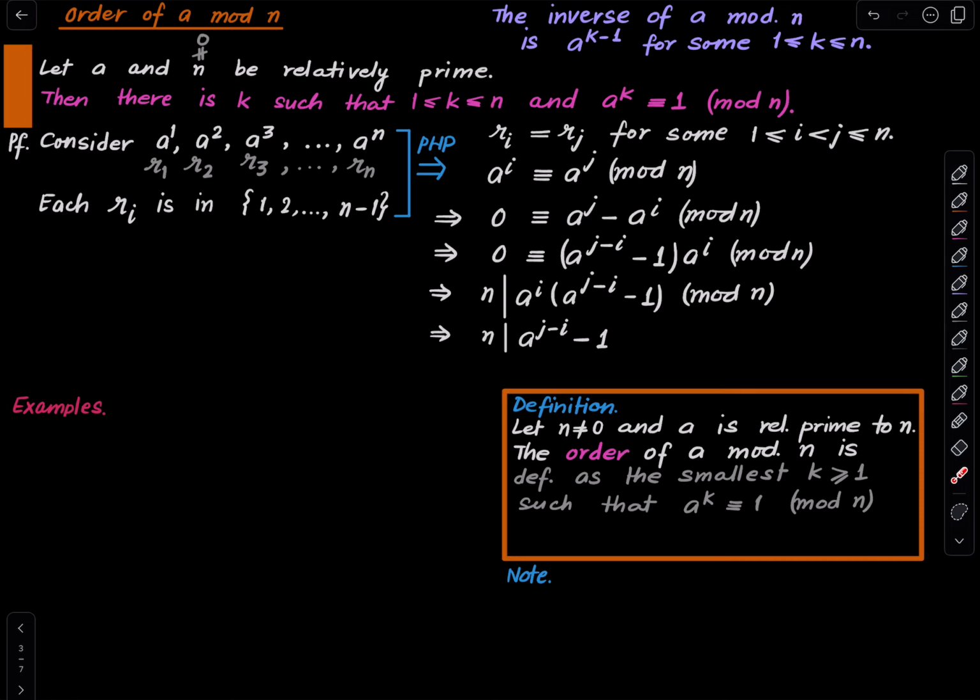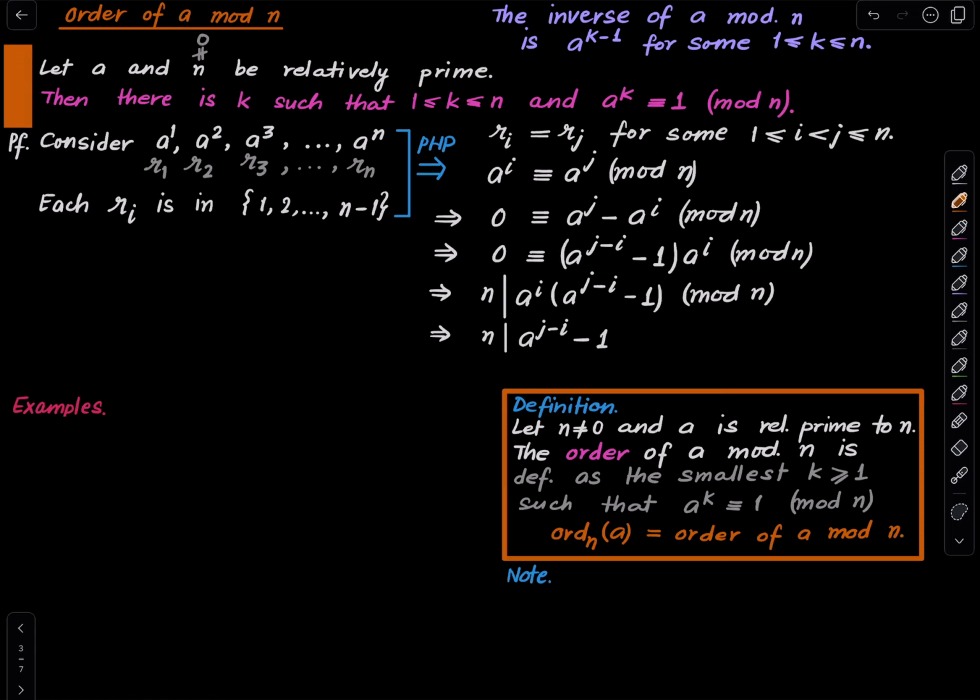Okay, so that's that. And the notation that we will use is, we will write ORD, n in the base, and a in brackets. So this will denote the order of a modulo n. And this is not a standard notation. I just cooked it up for my exposition.